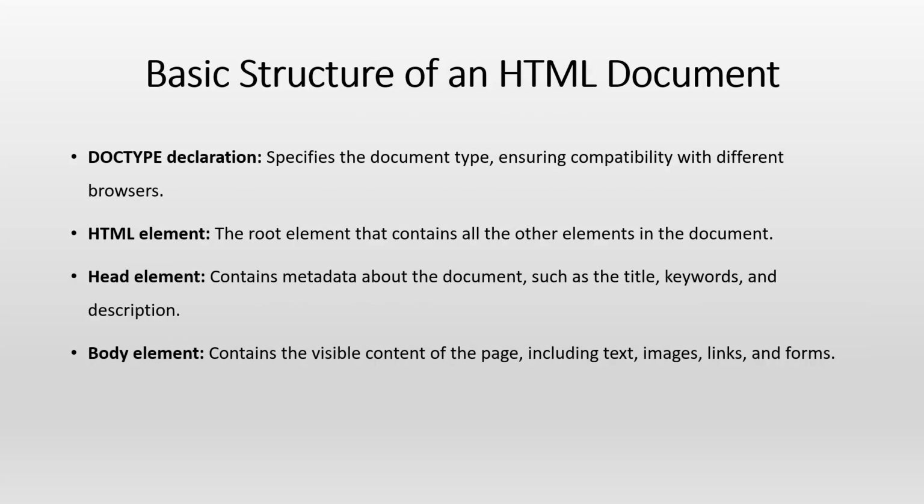Next, we will see the basic structure of an HTML document. Mainly this HTML document consists of these elements: doc type declaration, HTML element, head element and body element. I will show the code in the next slide, but you have to know these definitions. The doc type declaration is nothing but it tells which version of HTML we are using.